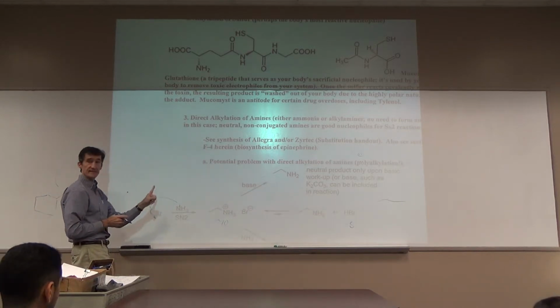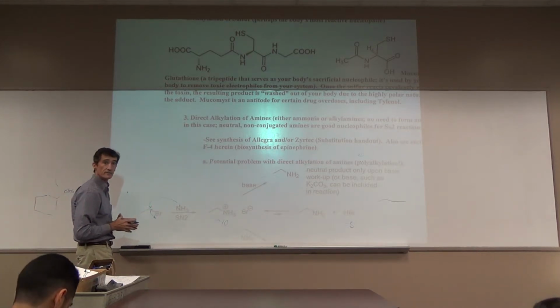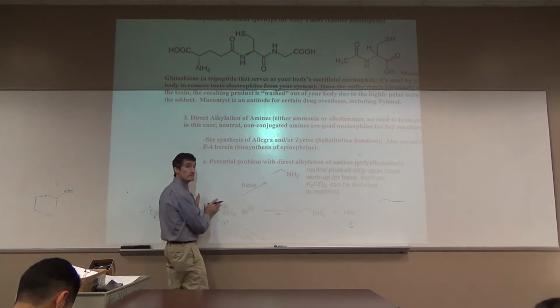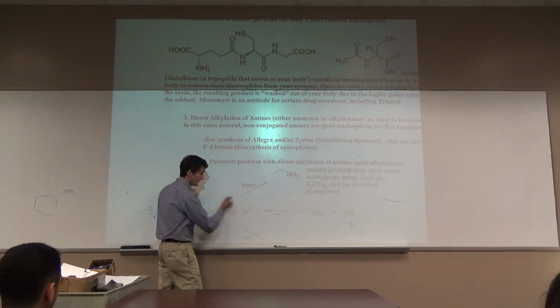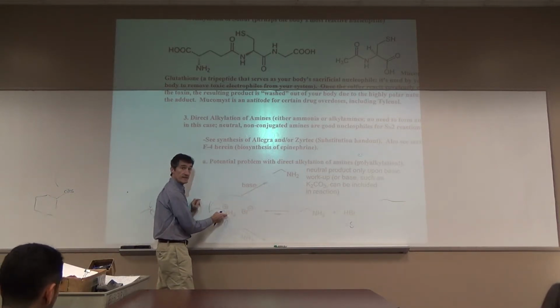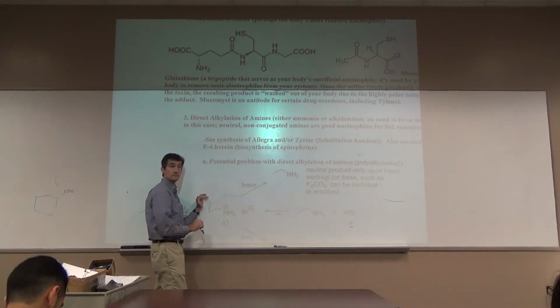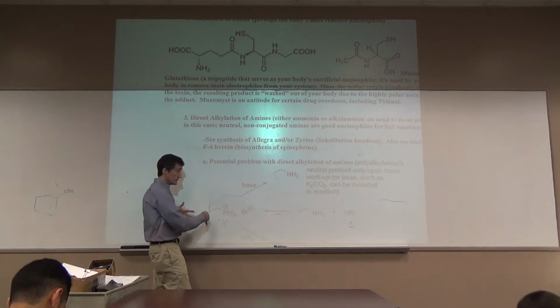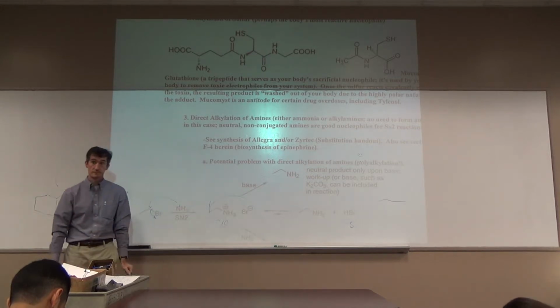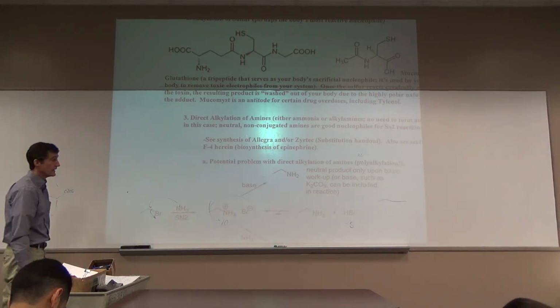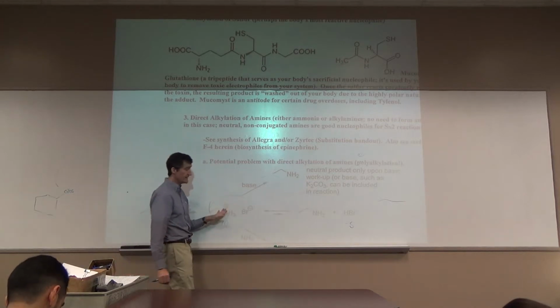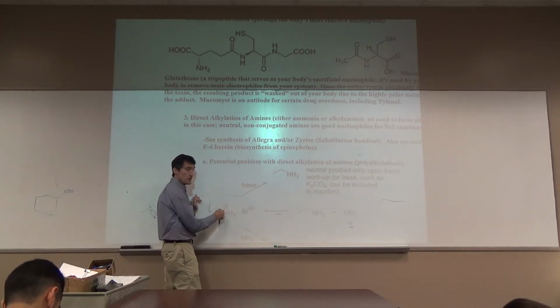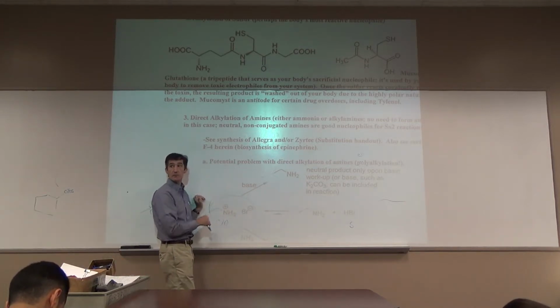Which side's favored, 10 or -5? The left side. This side's favored. So is Br going to take an H and go that way? No. This side's favored. It's going to stay like this. So the anion is not going to take the H. To go neutral, you have to bring in some other base.